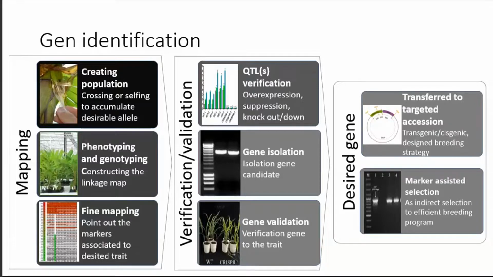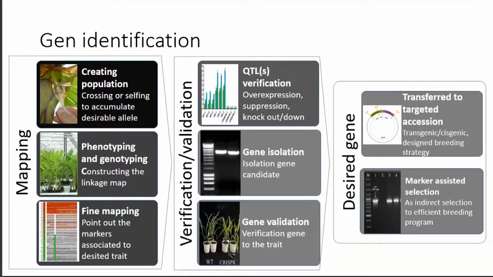Once we have verified or validated the markers, we can isolate the candidate genes. Once the candidate gene is isolated, we need to validate whether it is truly associated to the desired trait. At this moment, CRISPR is extensively used by researchers because it's relatively easy and targeted, and it's getting cheaper and cheaper day by day now.